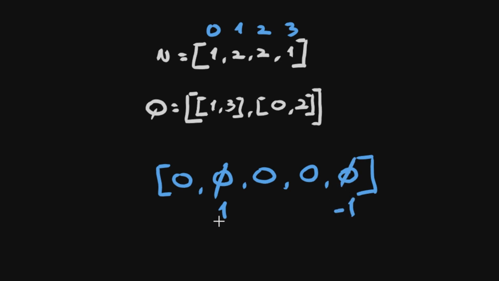What this means is the following. Remember that we are storing this as effects in this array. If we have a 1 here, this means that every future value will be incremented by 1. So this will be incremented by 1, this will be incremented by 1 up to this point. Here we have another effect which is minus 1.